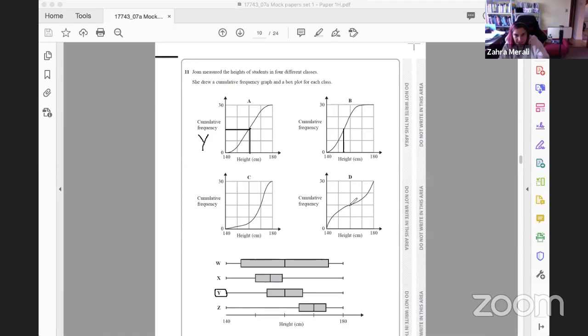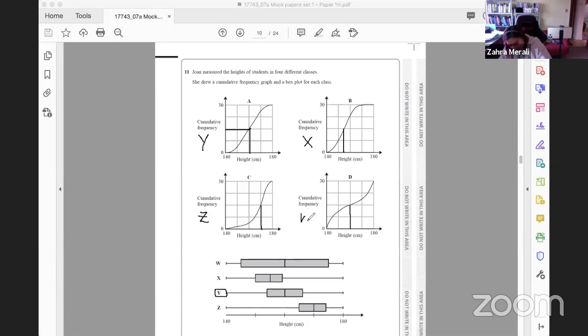This one again is in the middle, so we have to decide whether it could have been A or D. And this one's towards the end. So these B and C are easy to match up. B must match up with X and C must match up with Z.